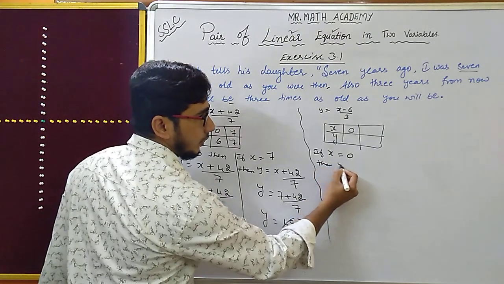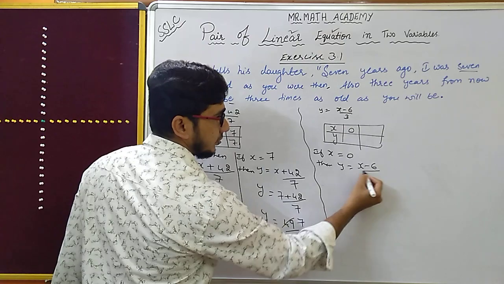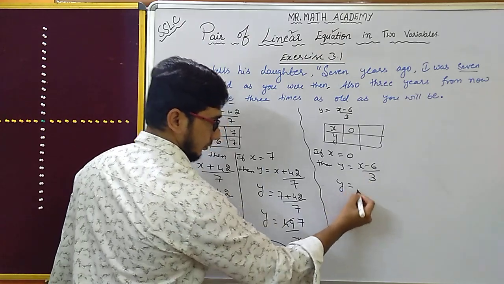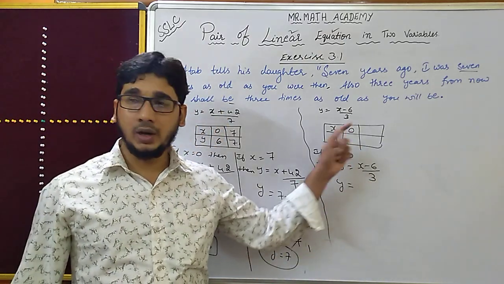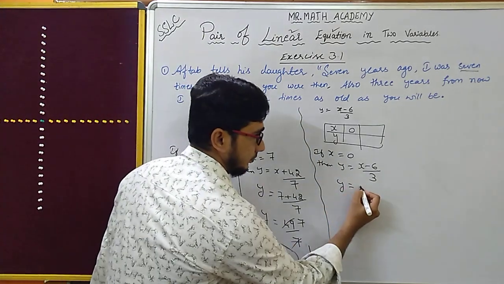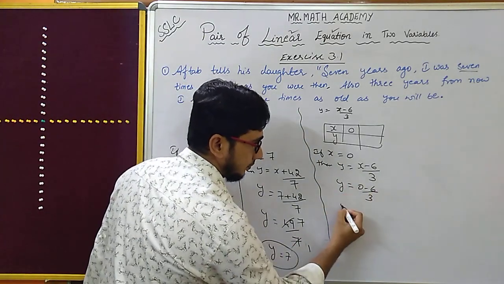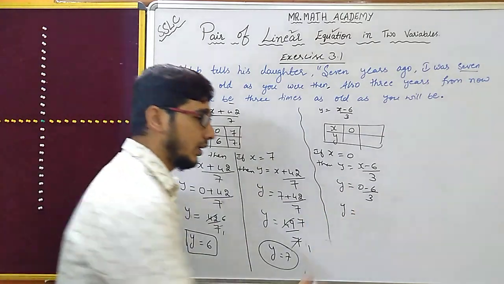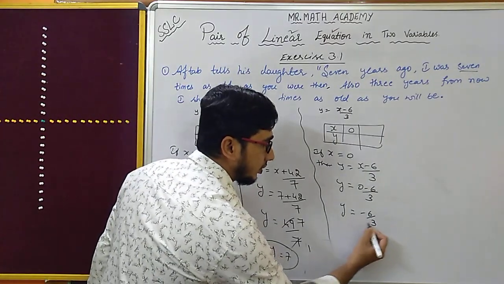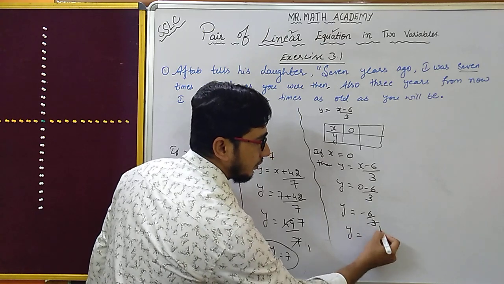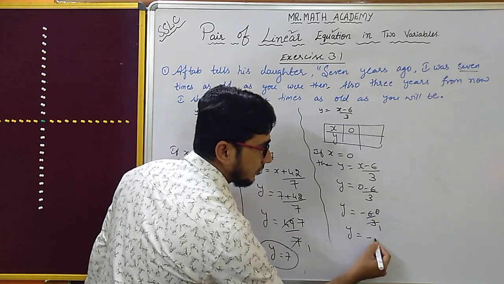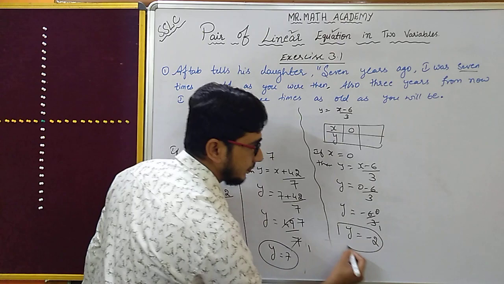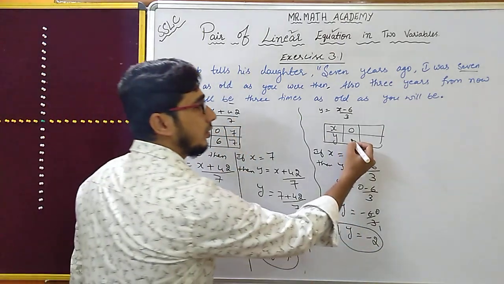Then y is equal to x minus 6 by 3. How much did I take for x? 0, no? Write that down. 0 minus 6 is minus 6 only. Minus 6 by 3. 3 2s are 6, that is minus 2 you got. Here you write down minus 2.